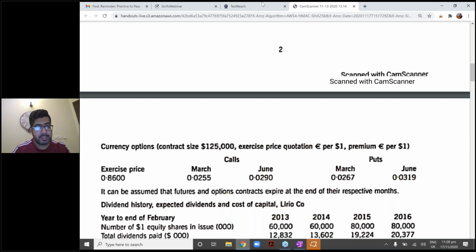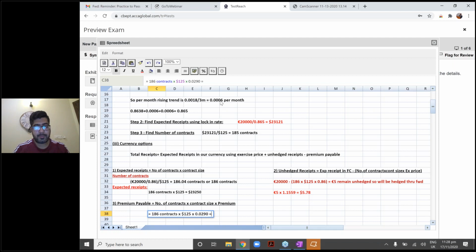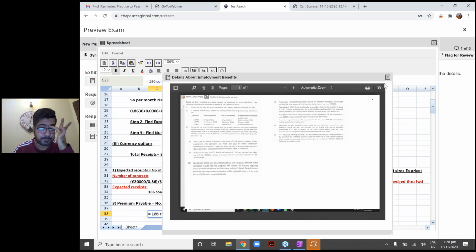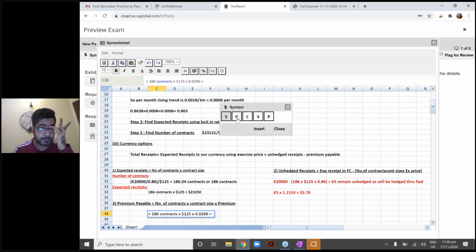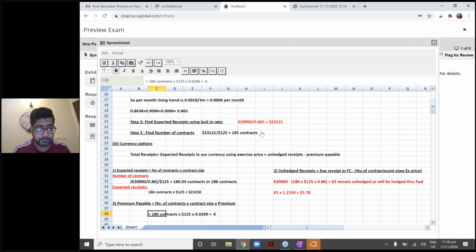So I take 0.0290 premium here. This will make it 186 into $125 into 0.0290, which is $674.25.